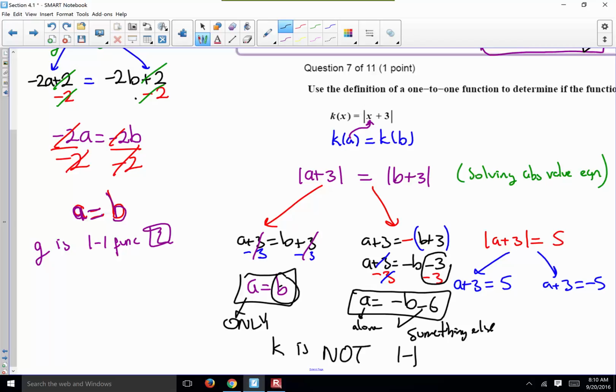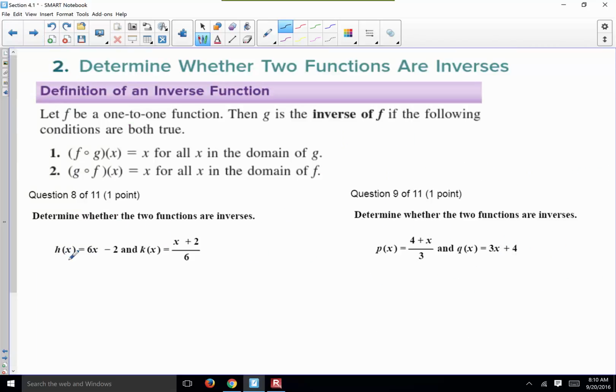Okay? Does it make sense? Alright, this is a mathematical proof that K is not one-to-one. We already knew it from its graph. Okay, any questions before we go into the next stage?